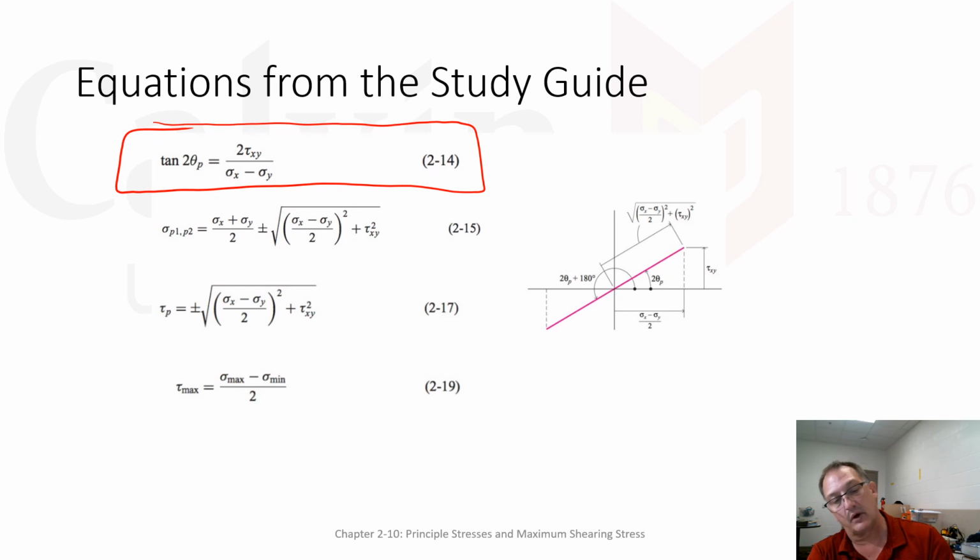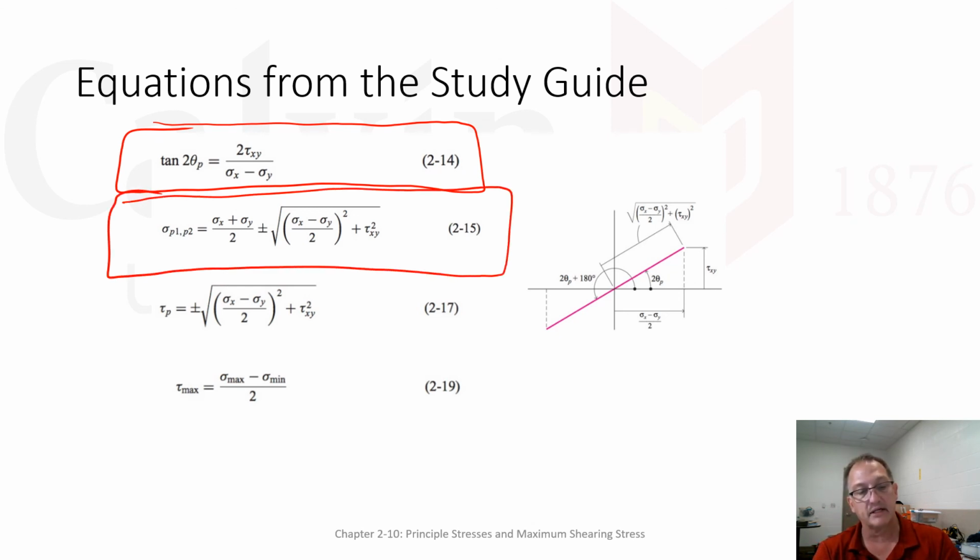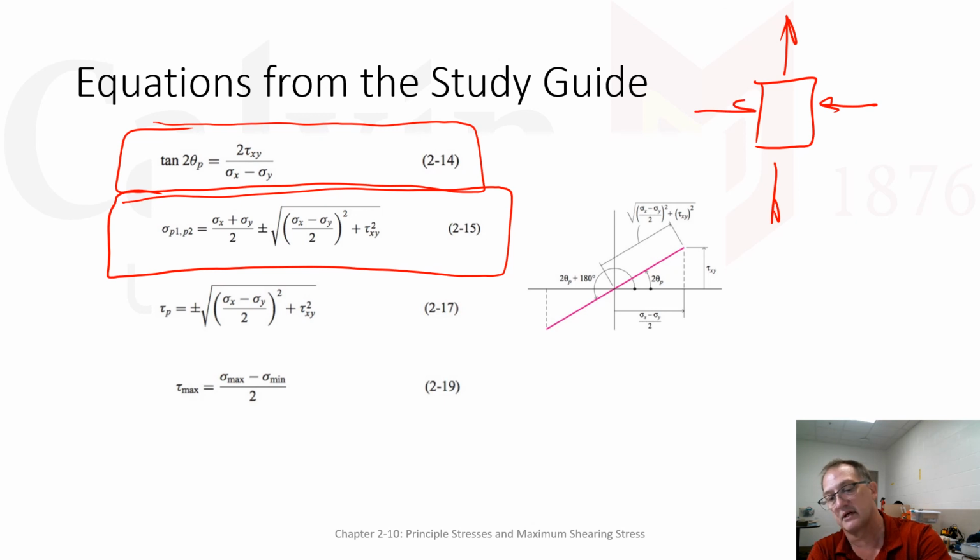The second equation that we've got from this section is allowing us to calculate our principal stresses from the stresses that show up on that generalized stress cube, on that cube that looks like that. I've drawn it a couple times. Oh, erased it without even trying.